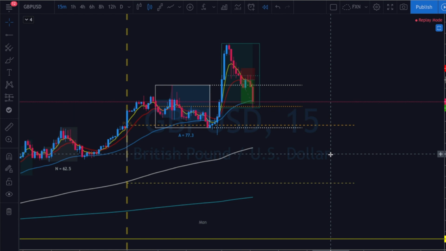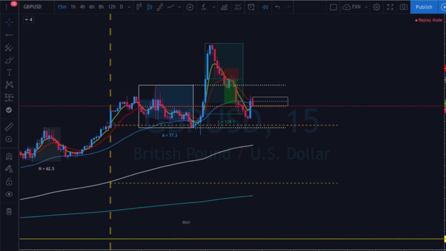They don't understand how this really works, and they're not consistent. Because if you were consistent enough, you would know that Sunday, Monday is a day that's used for collecting data.